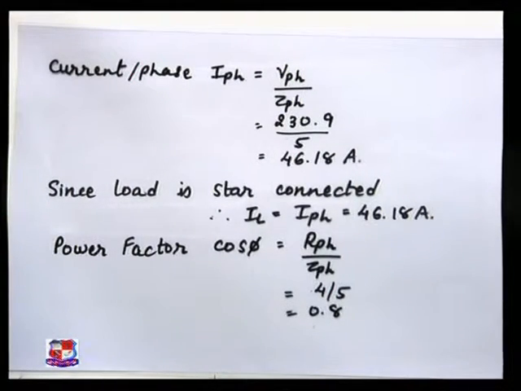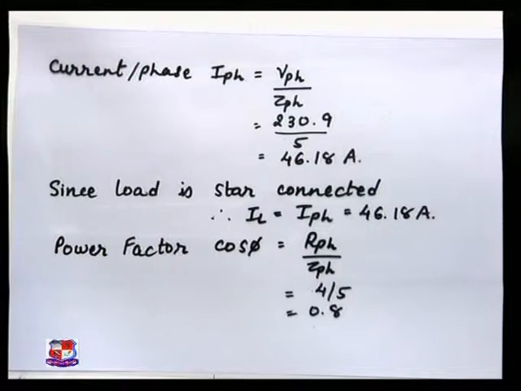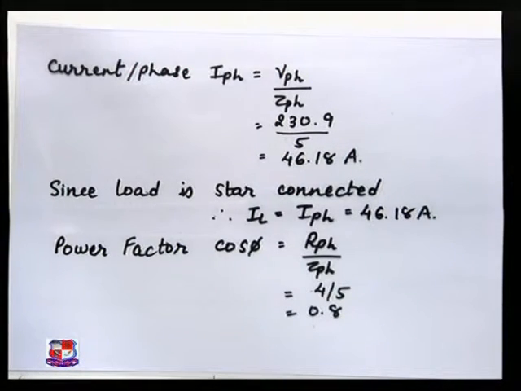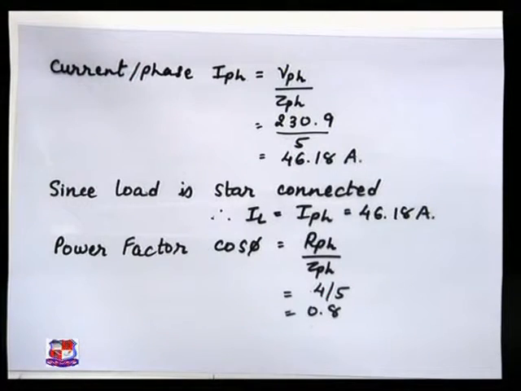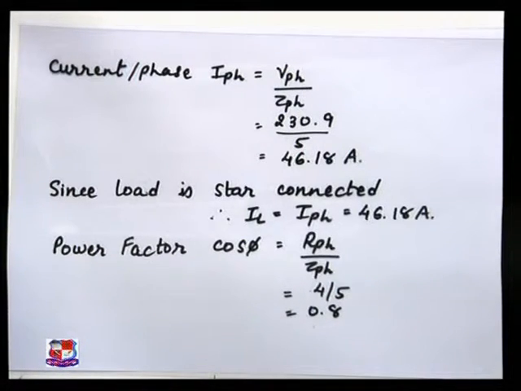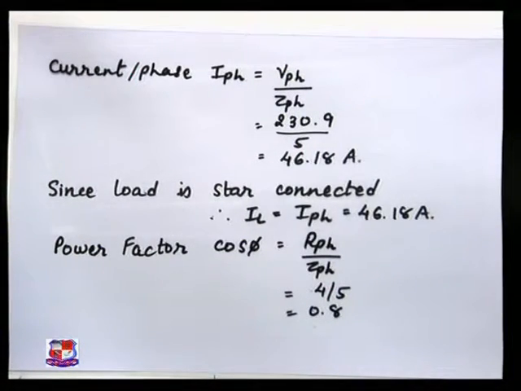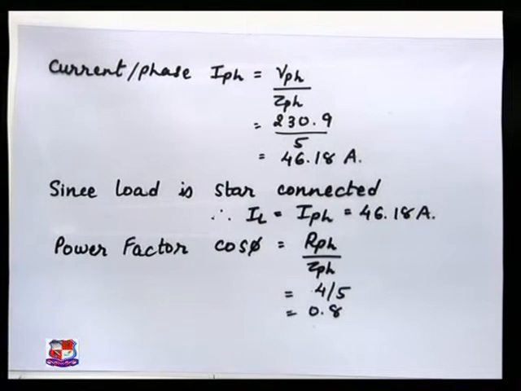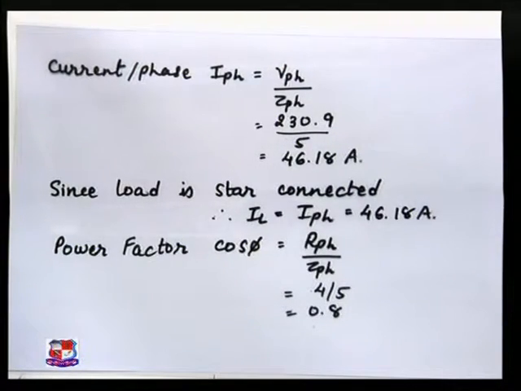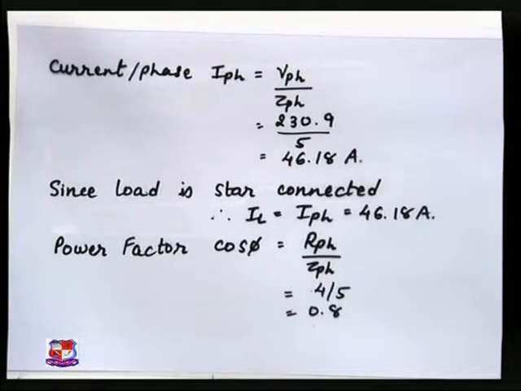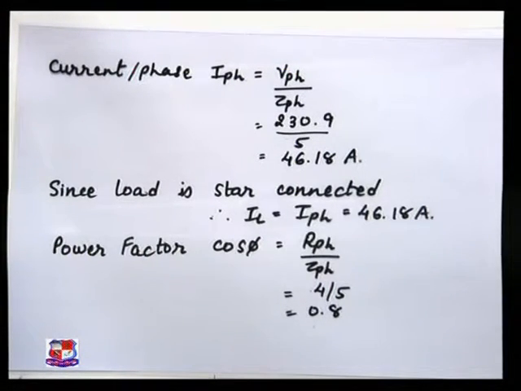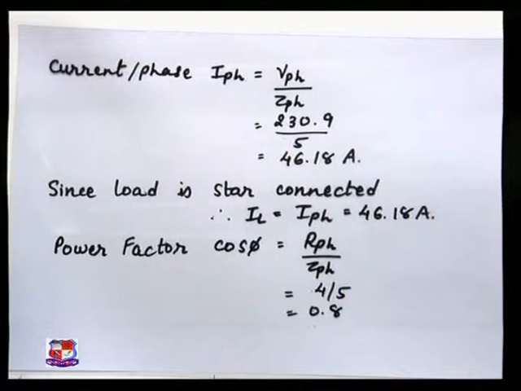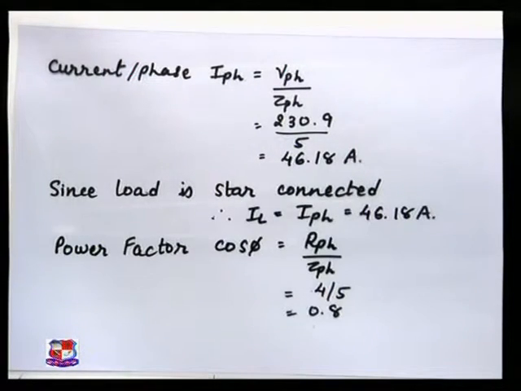V phase is 230.9 and Z phase is 5, so I phase is 46.18 ampere. Since it is a star connected load, line current and phase current are the same, so I_L is equal to I phase, which is 46.18 ampere.